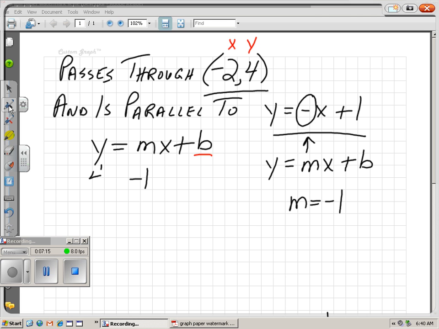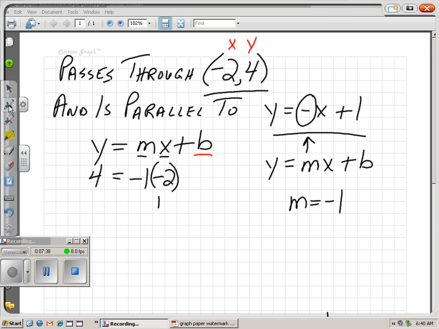So I take out my y and put in a 4, because I'm borrowing the 4. Take out the x and put in a -2. Now this is why I say use parentheses, okay? Because that looks like -1 minus 2. And what I want it to say is -1 times -2, because it's m times x. So we got to show multiplication. So always use parentheses.